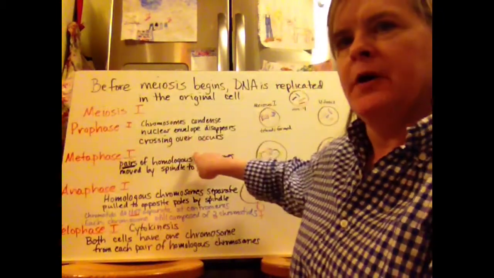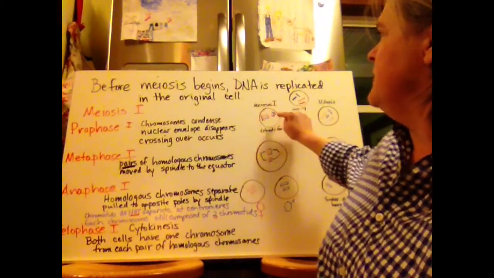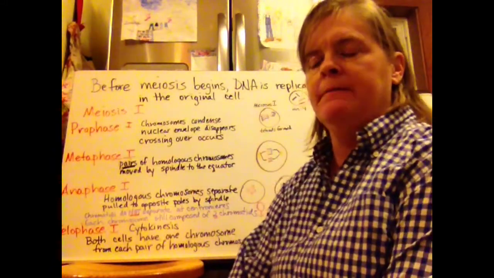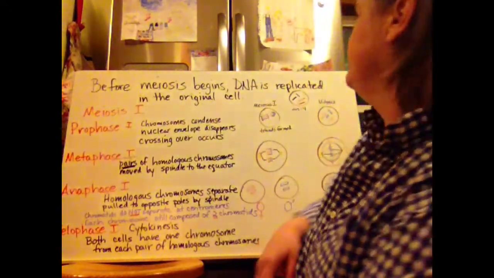In the first prophase, the chromosomes condense, the nuclear envelope disappears, and crossing over can occur. You can refer to your worksheet on crossing over for that.